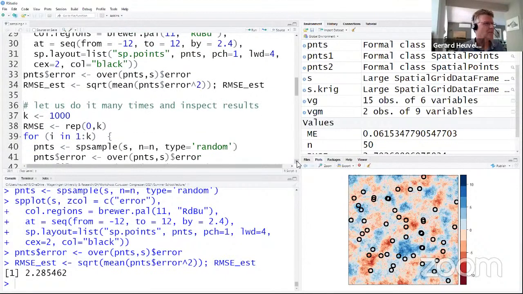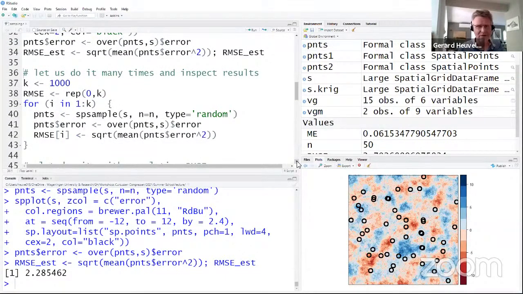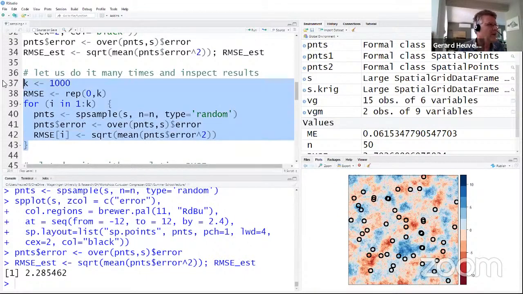So let us explore now if we do it not only once or twice, but we actually do this 1,000 times. So 1,000 times taking a sample of 50 points and estimating the population root mean square error from the sample. So that's what I do here in this for loop.